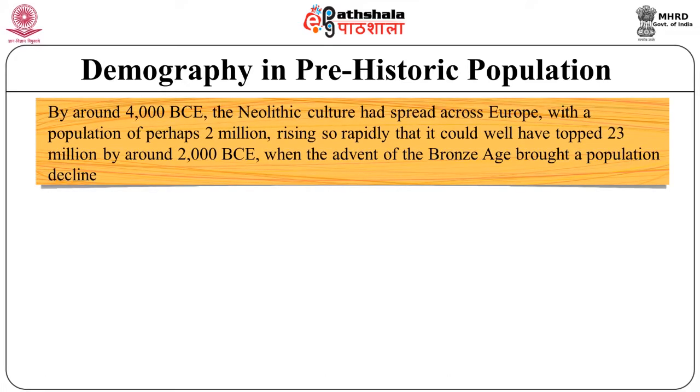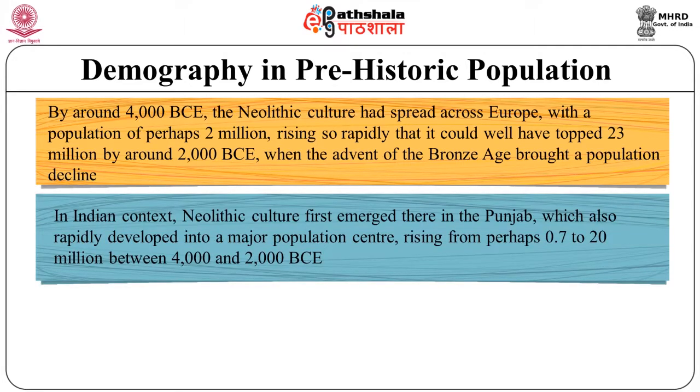By around 4000 BCE, Neolithic culture had spread across Europe with a population of perhaps 2 million, rising so rapidly that it could well have topped 23 million by around 2000 BCE, when the advent of the Bronze Age brought a population decline.